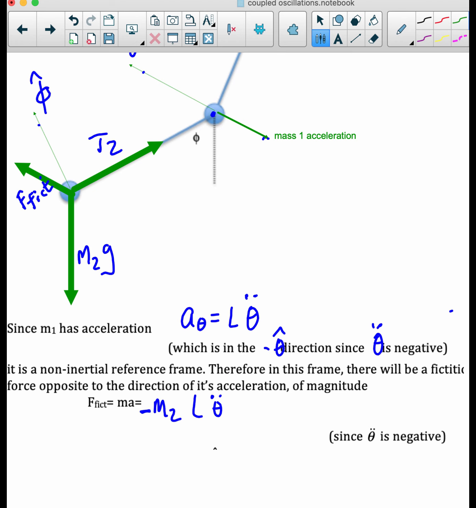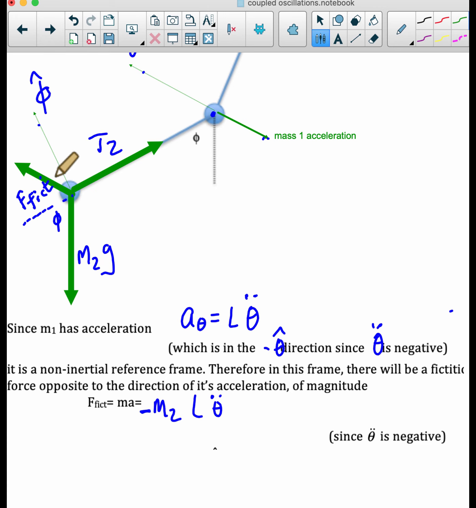Alrighty. So if we sum the forces then on m2, we're going to be looking at forces in the phi direction. Now, if that angle's phi, then this angle is also phi. So we see that it's m2g sine phi in the phi hat direction.